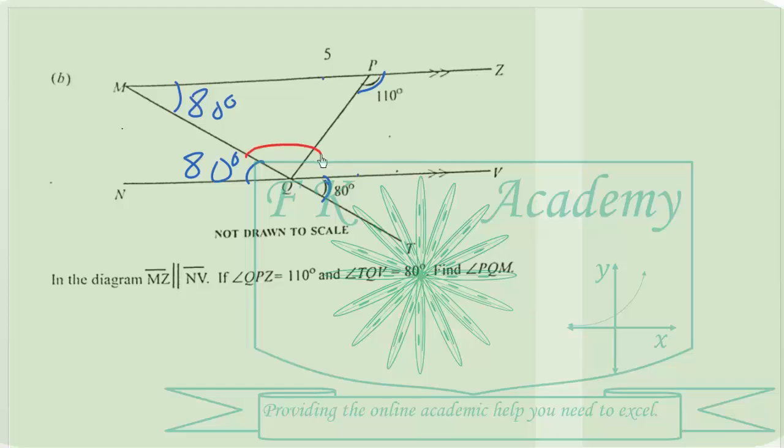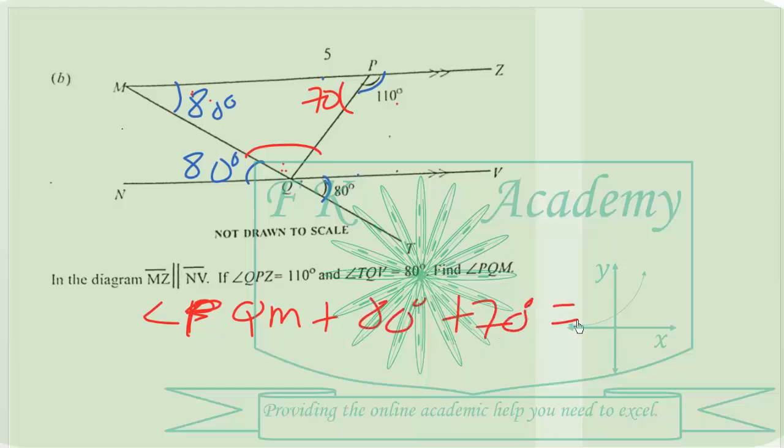We are looking for this angle here. Now we can use the exterior angle property here, or we can transfer this angle here to be 70. Then when we add angle PQM to 80 degrees plus 70 degrees, you should get 180 degrees.